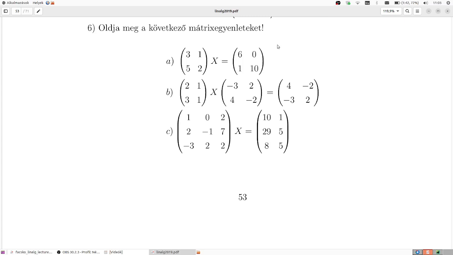Okay, so that's simple. This is the A matrix, this is the X matrix, and this is the B matrix. I multiply this from the left with the inverse matrix.